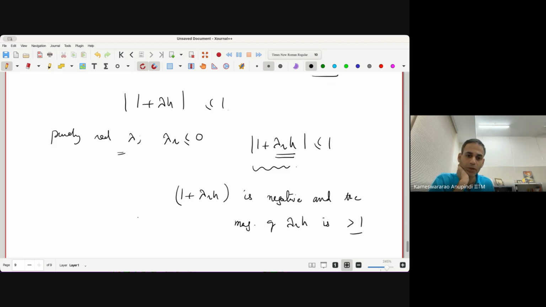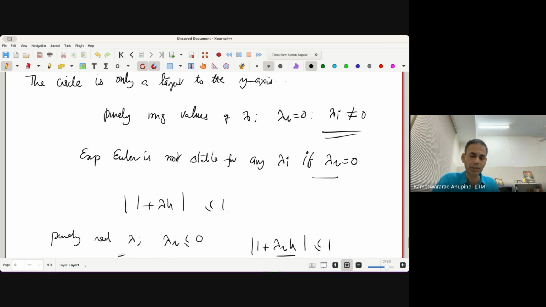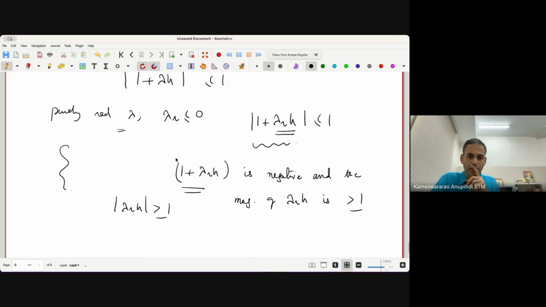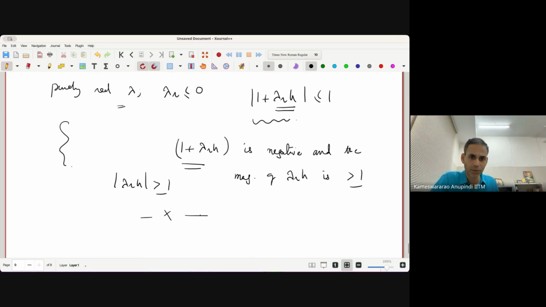Only then can the magnitude of this be greater than 1 while the entire thing has to be smaller than 1. Only then is this satisfied, but for that this has to be negative. Okay, I think I'll stop here. We'll come back to this discussion tomorrow from here so that it will be clear. If you have any questions, you can ask me. Otherwise, we're going to stop here, folks.